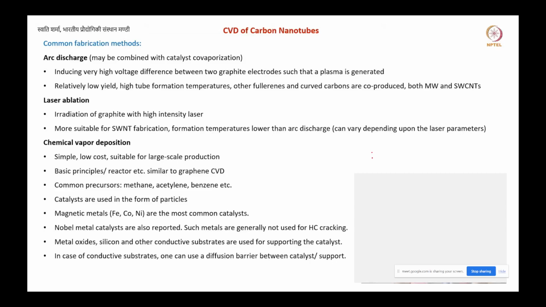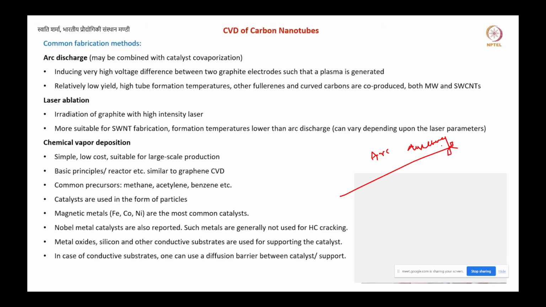So the first one is arc discharge. Here we use two graphite electrodes and induce a very high voltage difference between them, such that plasma can be generated.